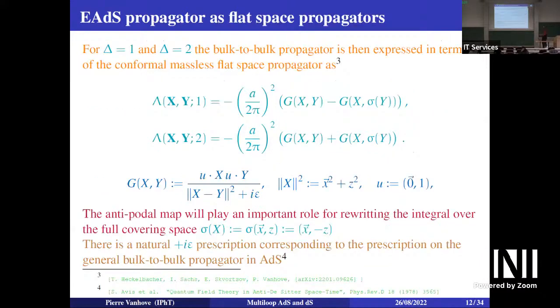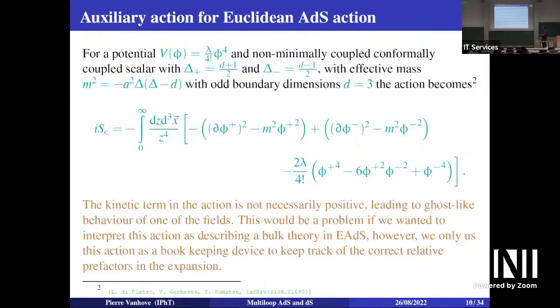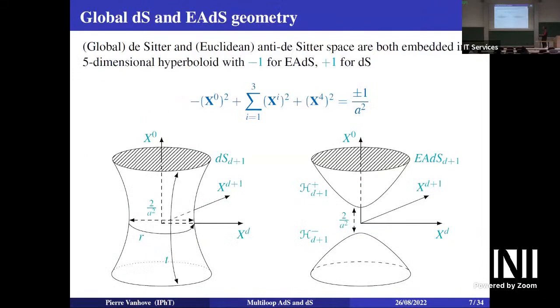And you can rewrite it, when you massage it, as two pieces. One piece is like that, and one piece is like that, with a plus or minus depending on whether delta is 1 or 2. Sigma is the antipodal map that maps z to minus z. I want you to recall that I have mapped my computation to Euclidean de Sitter.